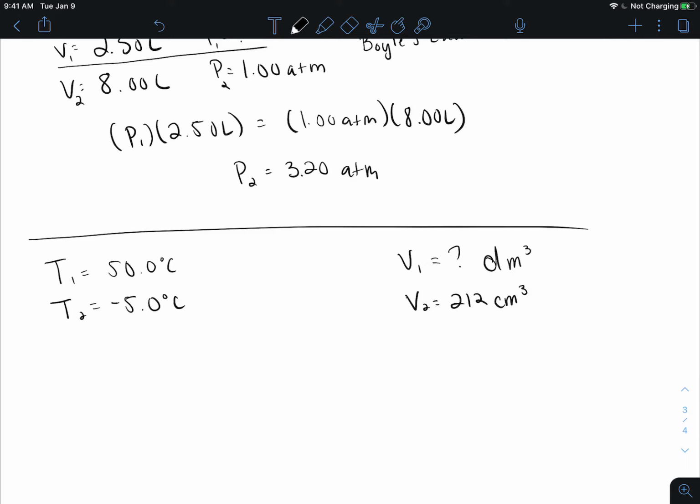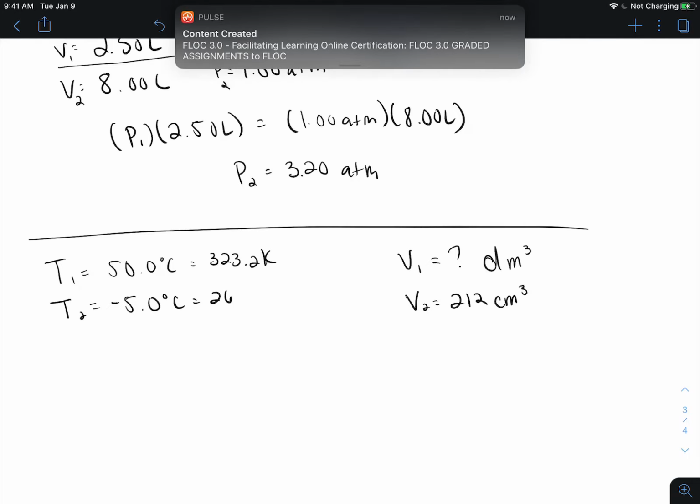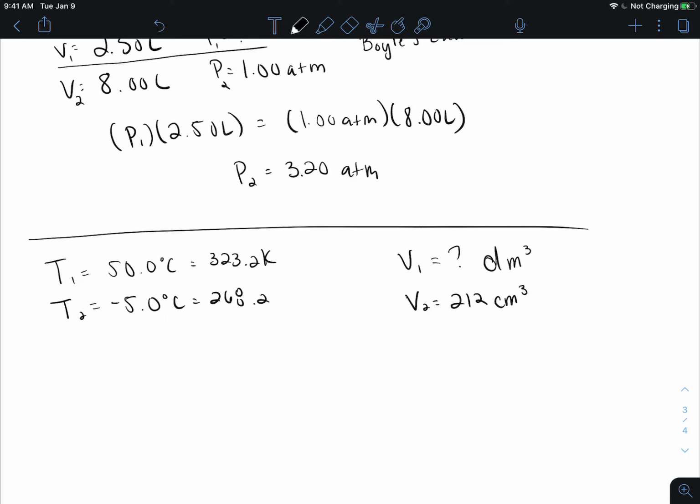So, first thing we should do, anytime we see a temperature in a gas problem, we need to convert that into Kelvin. So we have 50 degrees Celsius, we add 273.2, that gives us 323.2 Kelvin. If we have our negative 5 degrees Celsius, add 273.2 to that, we get 268.2 Kelvin.